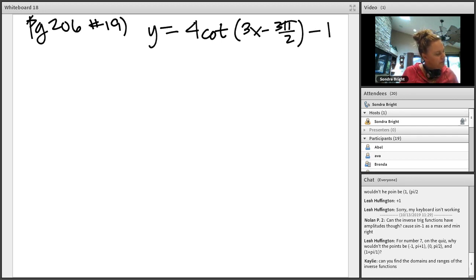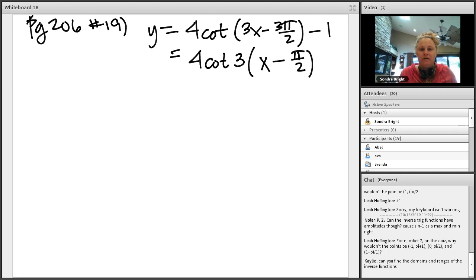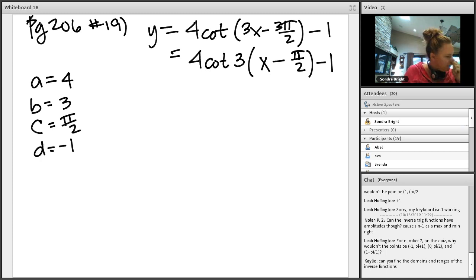And what do they want you to find? Determine the period, phase shift, vertical shift, and the equations for the vertical asymptote for 2 of them. Okay, so this is equal to 4 times cotangent of 3 times x minus 3 pi over 2 divided by 3, which would be pi over 2, and then a minus 1. Which means that your A is 4, B is 3, C is a positive pi over 2, and D is negative 1, and they want the period.